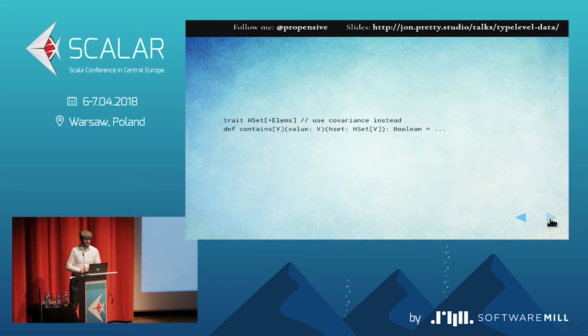Or you could actually switch your contravariants back for covariants, and you could write it in this way with two separate parameters where you provide the value first, and the HSet must be the right type, such that the V there is a sub or supertype, one of the other, doesn't really matter, do what works. This is how you do type level programming. You check obvious cases, and if it works, all is good.